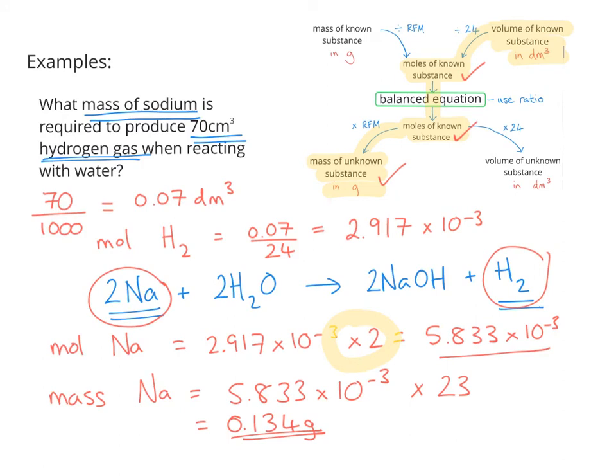And both of them would work mathematically. So I could either times it by 2 and then times it by 23, or I could times it by 46. I want you to get used to doing this method because it works for volume, it works for solutions, and it works for masses, and it doesn't matter. So using the balanced equation method is going to help you in the long run with being able to do more complicated examples.